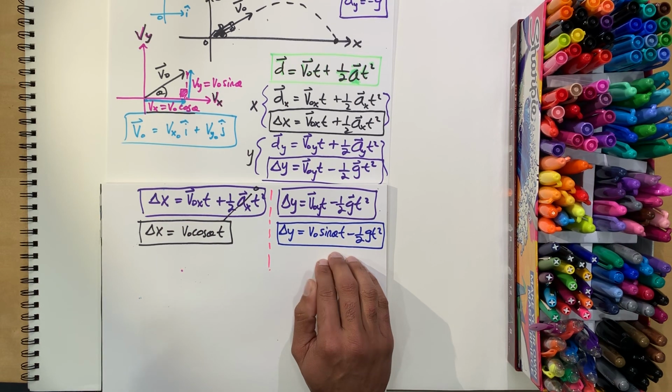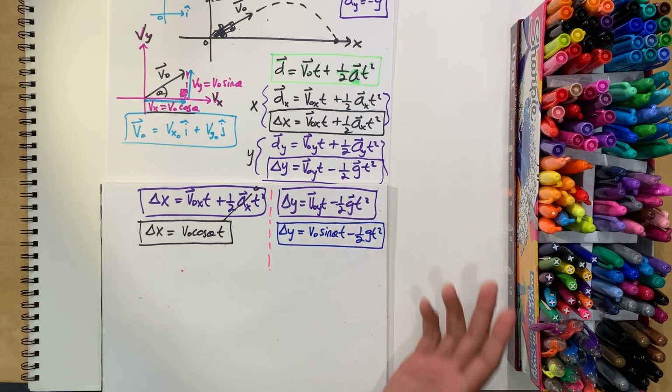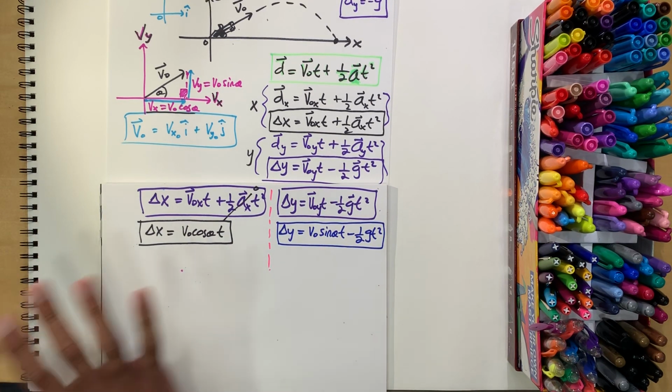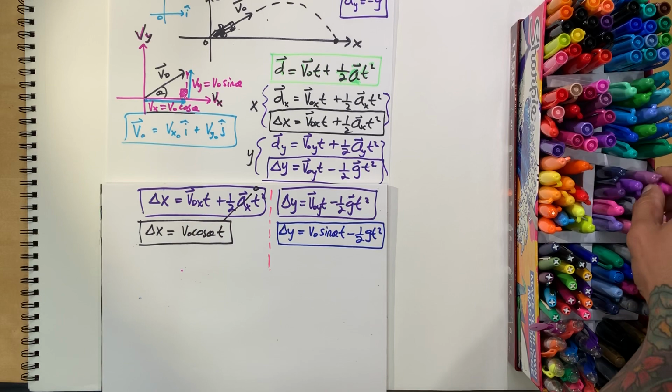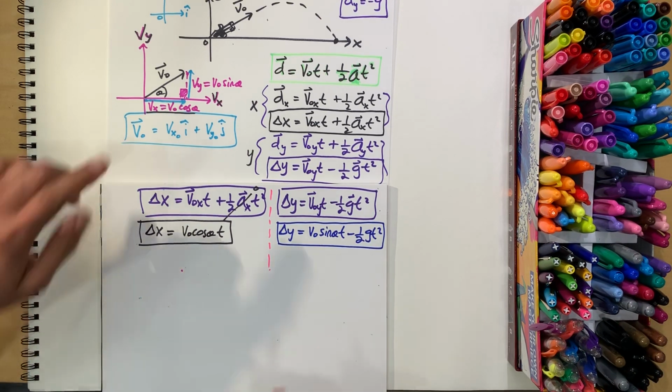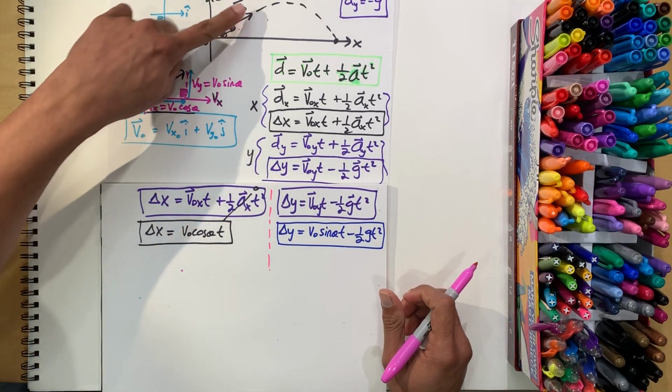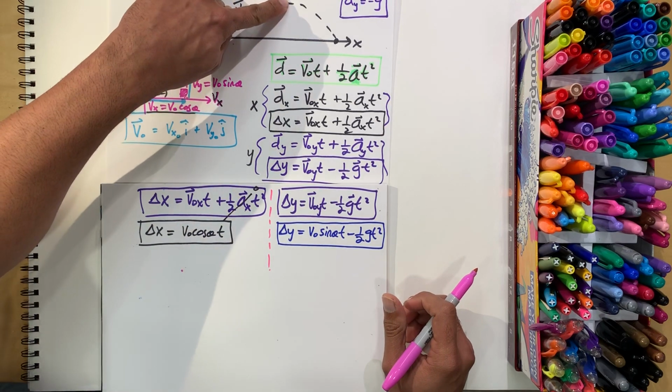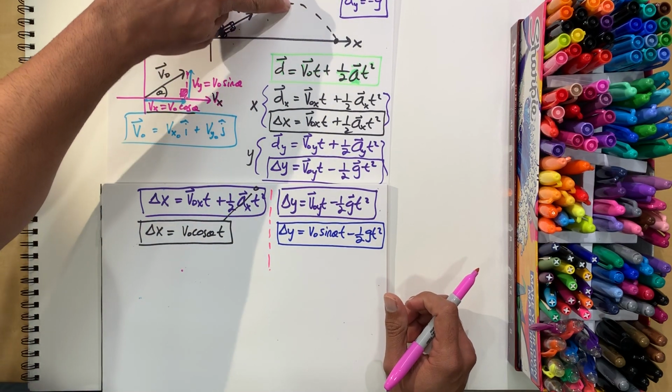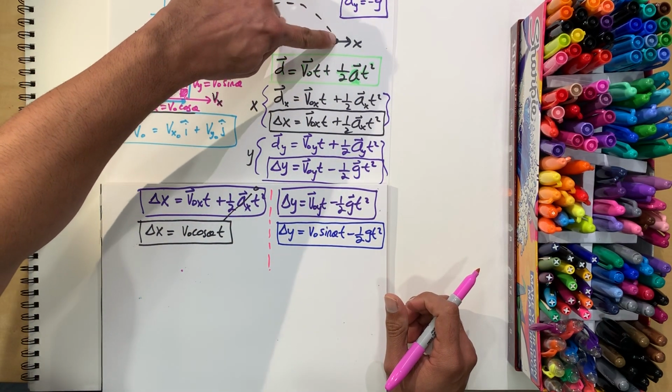We can also do it another way. So if derivatives make you uncomfortable, let's just do it with logic. This ball or object is gonna go all the way up, right? Max height, and then come all the way back down here, right?